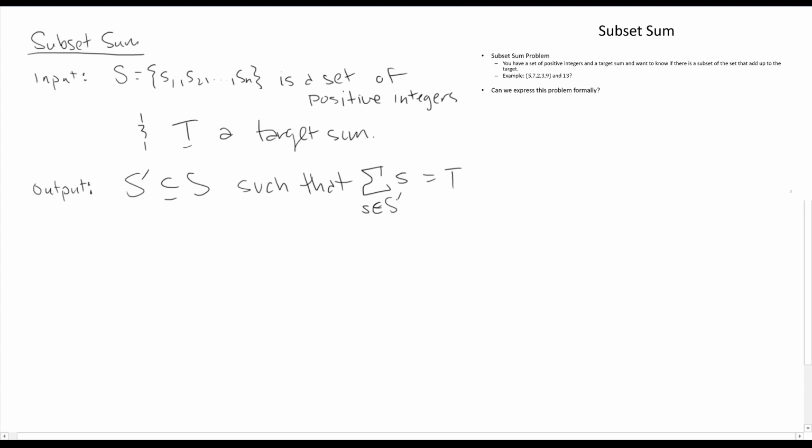Okay. So we want S prime such that this is true, but that might not exist. So I'll finish off this little bit here. It should be if S prime exists, but if it doesn't, here's where I'm going to say no, or false, or even error, depending on how you've got this set up.